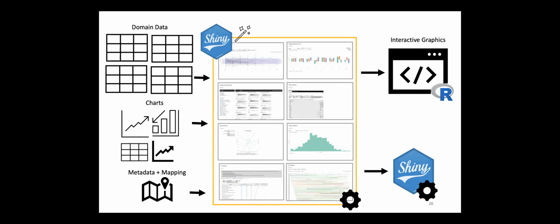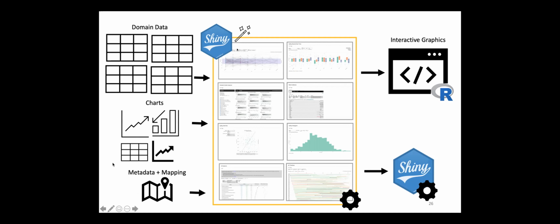But before we do that, here's a schematic of how all these puzzle pieces fit together. So you have your domain data, you have your charts, and then the mapping and metadata fit together a little bit because they're both defining how the columns and fields in your data are associated with the charts. So you're going to pass all of these things into that SafetyGraphics app function.